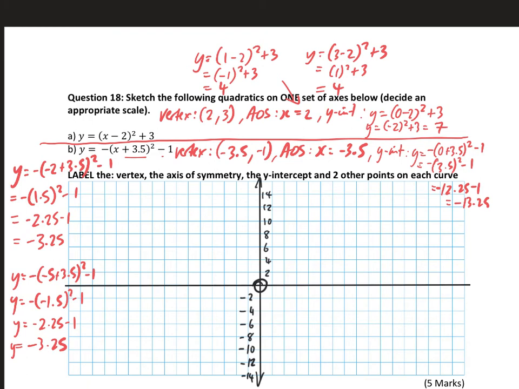I drew that accurately that time. Let's go wide again. 1, 2, 3, 4, 5, 6. Negative 1, negative 2, negative 3, negative 4, negative 5, negative 6.